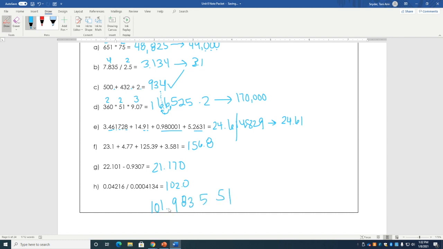Now, when I round this to have 1 digit after the decimal point, of course, this 8 is going to round that 9 up to a 10, which then gets rid of the 101 and ultimately rounds that up to 102. So this one does appear to be a big round, but because of the way the numbers are, we do have to change that to 102. Let's get back to the notes.